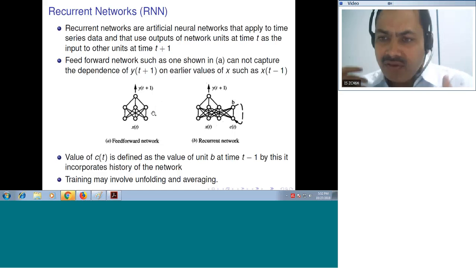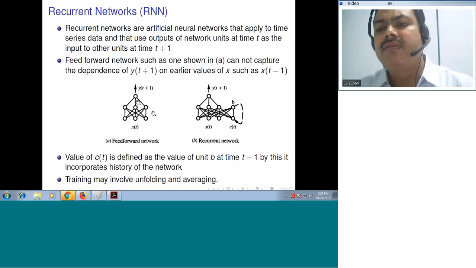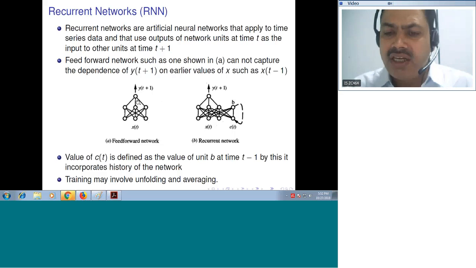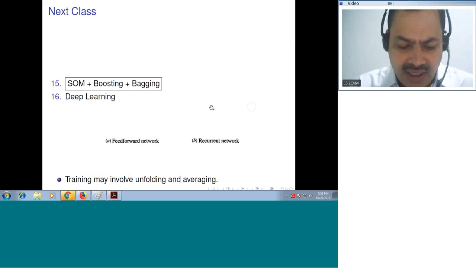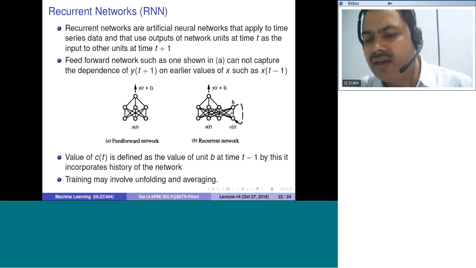Sometimes it is needed that whatever input I give, the sequence should also be taken care of, because if I give the things in a different sequence, the output should be different. If you want to do this, then you have to modify this. Everything is the same, only one more node is added over here. In this way you modify. Do you understand this part? No? Do you understand this modification?